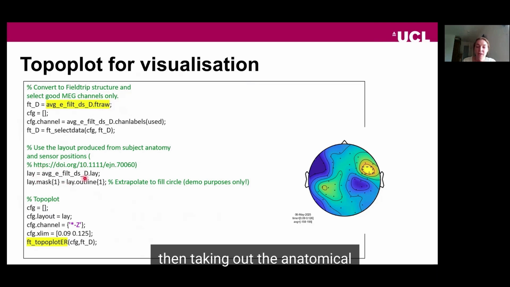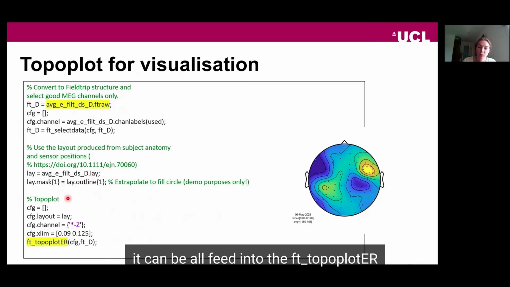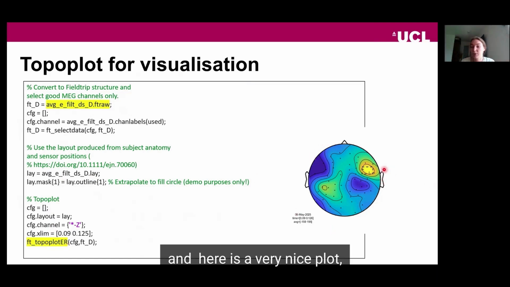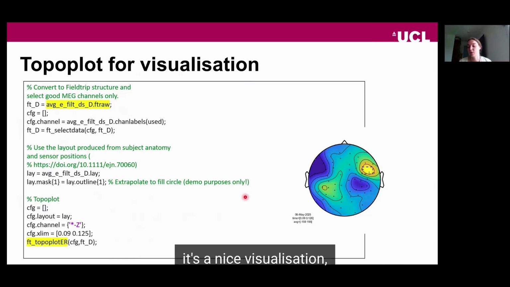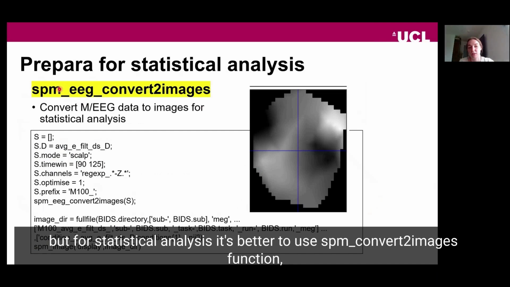Then, taking the anatomical sensor locations and creating the correct layout, it can all be fed into the FT topoplotER function that most of you are probably familiar with. This gives a very nice plot, but only useful for visualization, because here we extrapolated data to fill the whole circle. For statistical analysis, it's better to use the SPM MEG convert to images function.